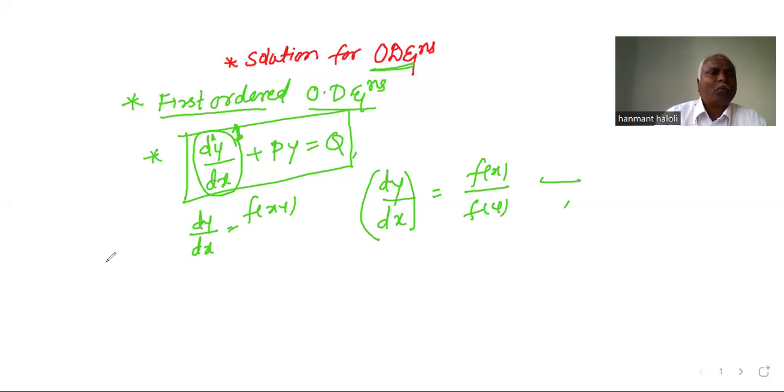Now, what is meant by solution? Solution of first order ordinary differential equations. Now, dy by dx equal to functions of x and y.